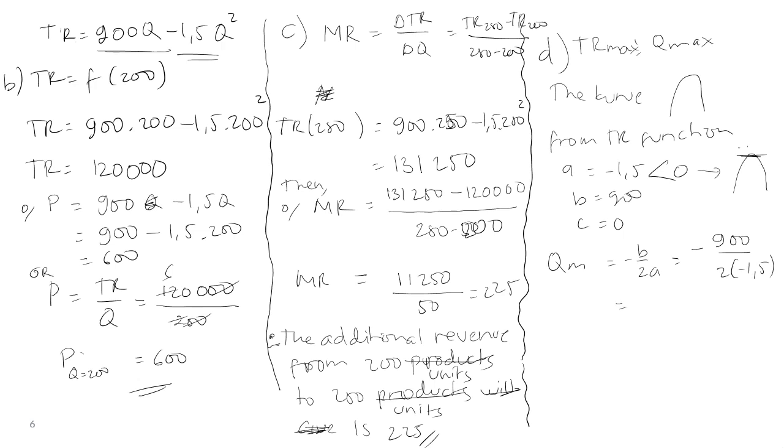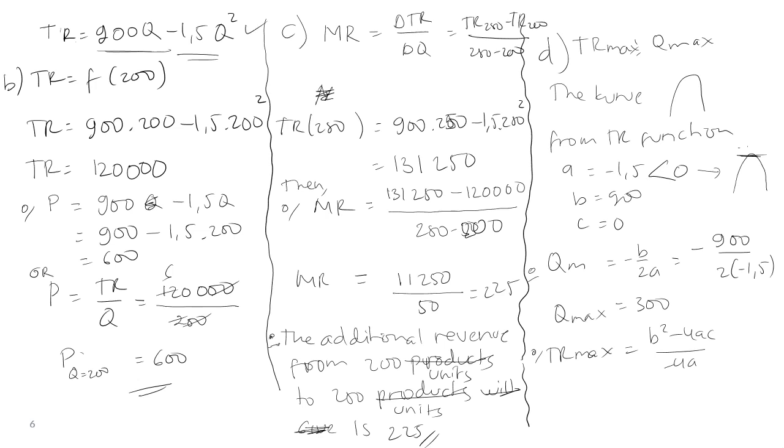It means that QM is 300. So Q max is 300. And for the TR max, you can use again the formula B squared minus 4AC over minus 4A, or just fill in the 300 into this.